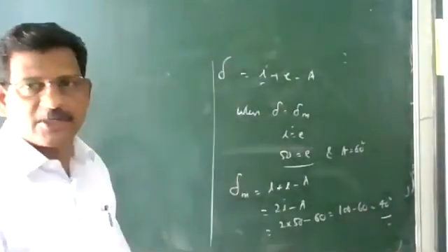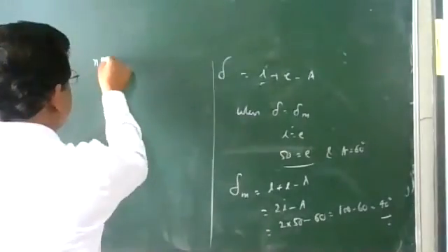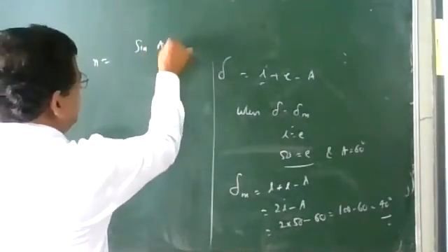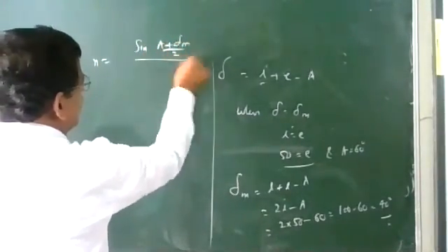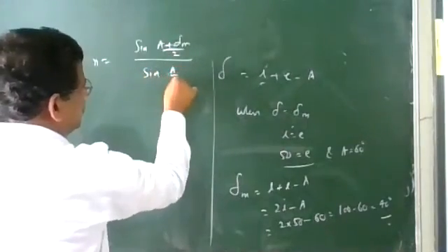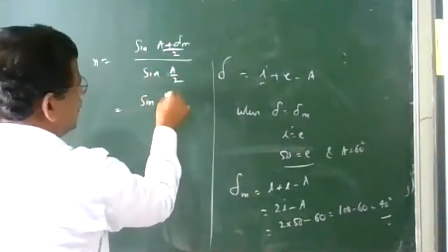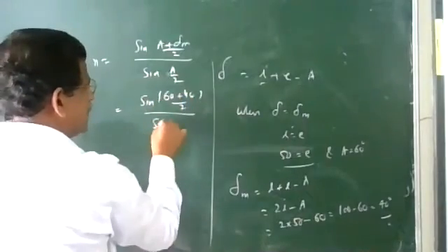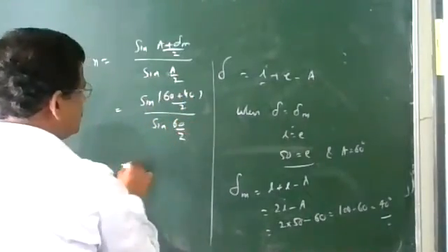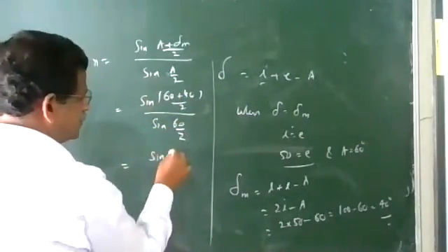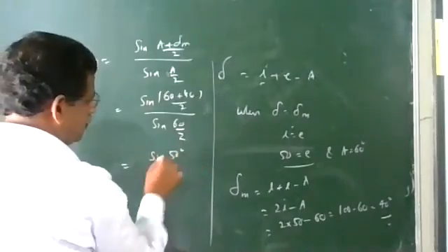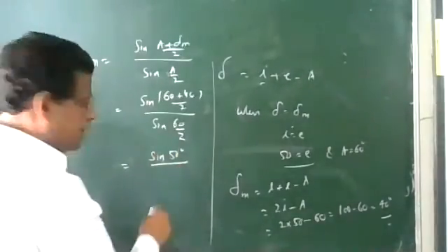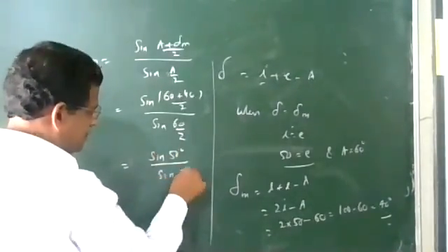Next is the refractive index. n equal to sine of (A plus delta m) by 2 divided by sine A by 2. Sine of (60 plus 40) divided by 2, divided by sine 60 by 2. That is sine 100 by 2, sine 50 degree. From the log table you have to take that value and divide by sine 30.